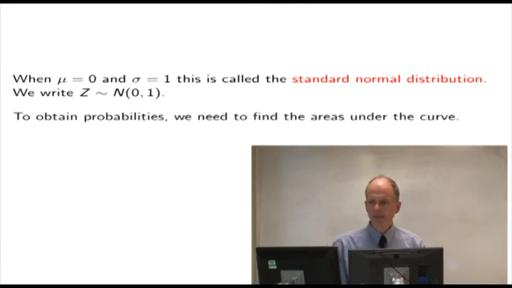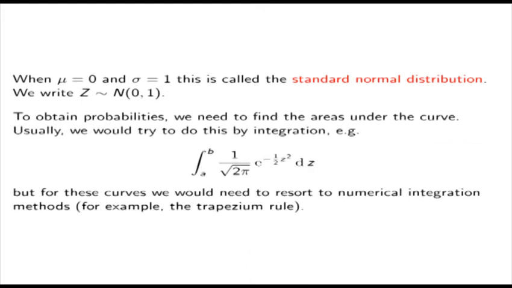And to obtain probabilities, we need to find areas under the curve. So what we would do, if we were working from scratch, is to try and do it by integrating the function of the curve between the two limits.